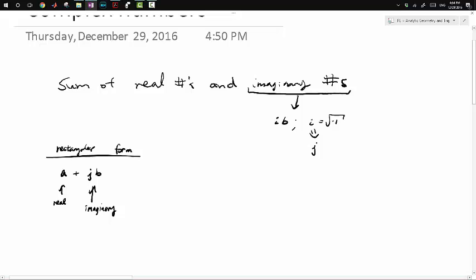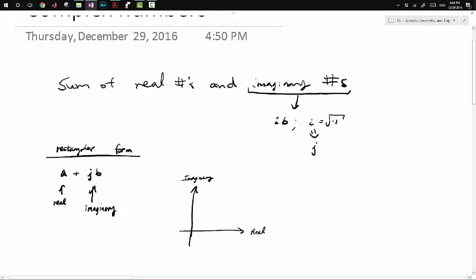And we can even plot it on a coordinate axis where x would normally be, this would be the real axis, and where y would be, this would be the imaginary axis.